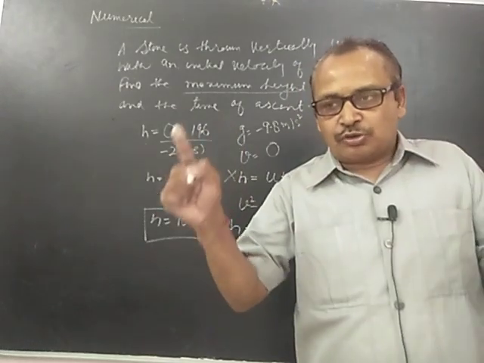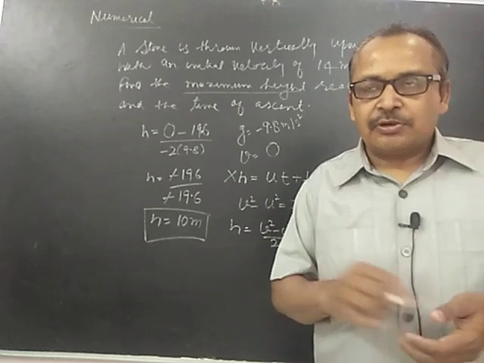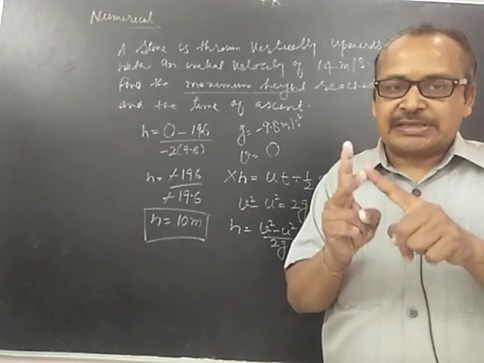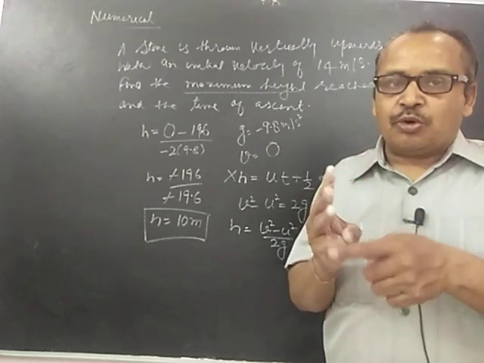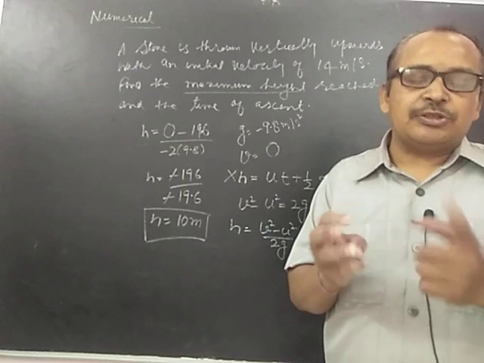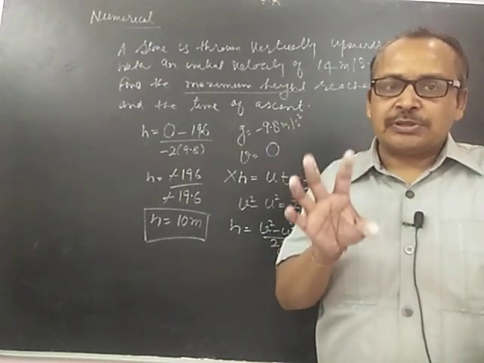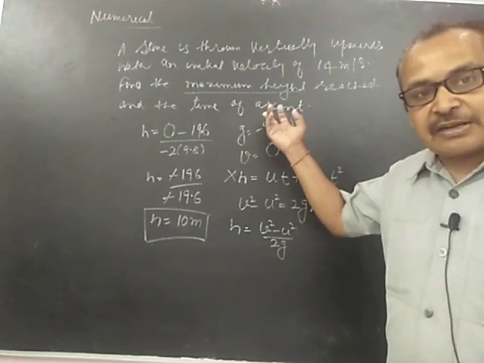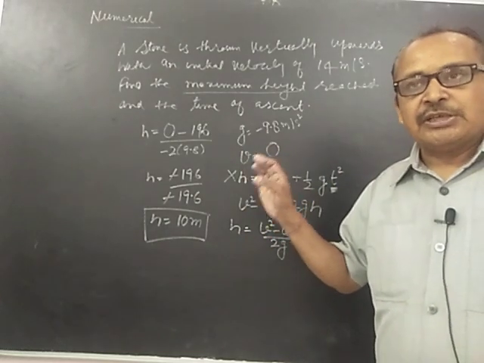In order to solve the numericals related to motion, we have only 3 equations: first, second, or third. Out of these 3, only one will be used. So there should be no panic, no confusion. If this is not working, the other one will work. There will be nothing else to be used.